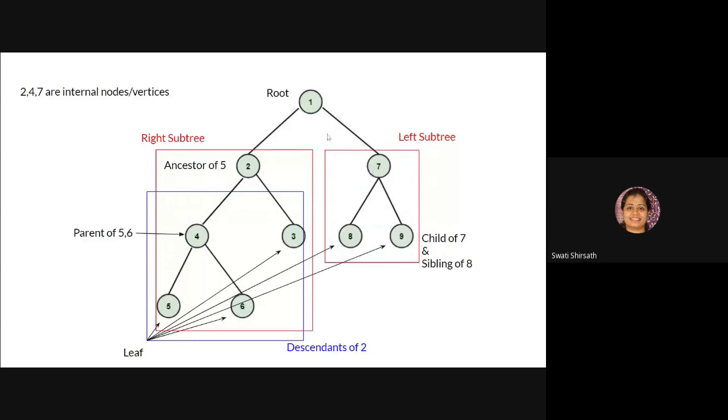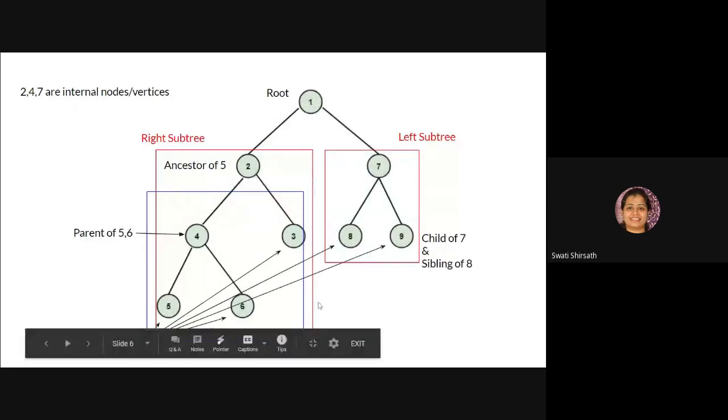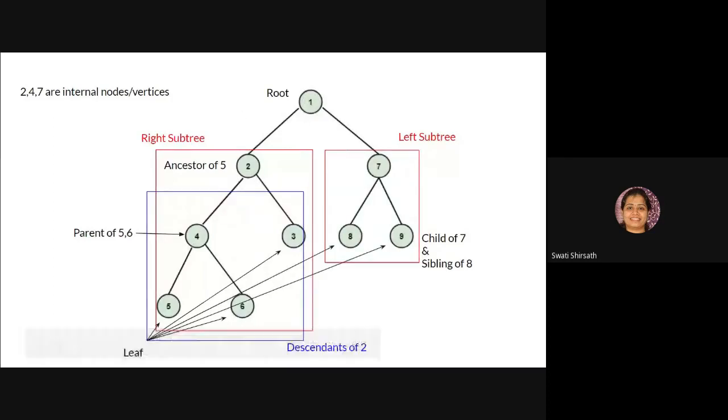Now if you look, this tree is divided into two halves. The one on the left hand side is the left subtree, and on the right hand side it is the right subtree. So this tree has a left subtree and a right subtree.